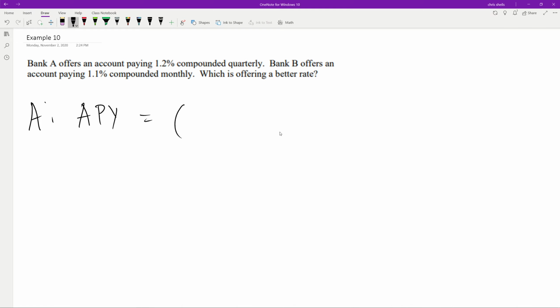For Bank A, this is 1 plus 0.012. That's my percentage rate as a decimal, divided by 4 because it's compounded quarterly, raised to the 4th power because it's compounded quarterly, minus 1.